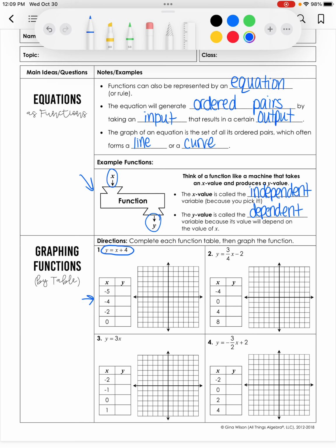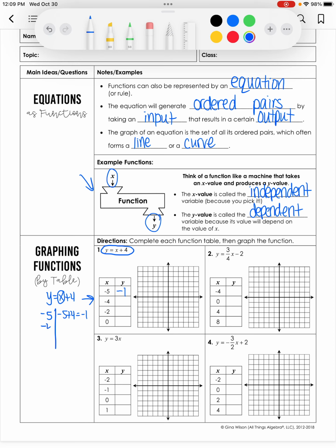For example, for the first one, if our equation is y equals x plus 4, and the first x value is -5, what we're going to do is take -5 and replace it in for x. Then we're going to add 4 to it, and we're going to get an output of -1. So our first answer would be -1 for y.